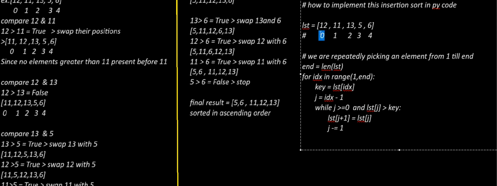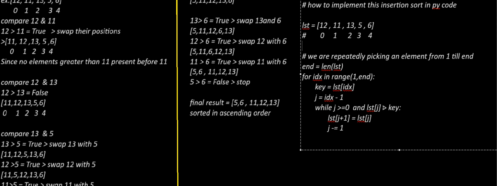Other than 0, we just stop there. So till 0, we allow this j value, and we check whether the element present at this j is greater than key or not.